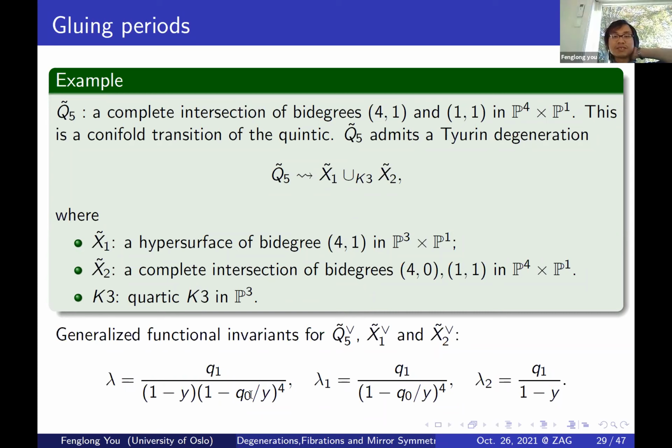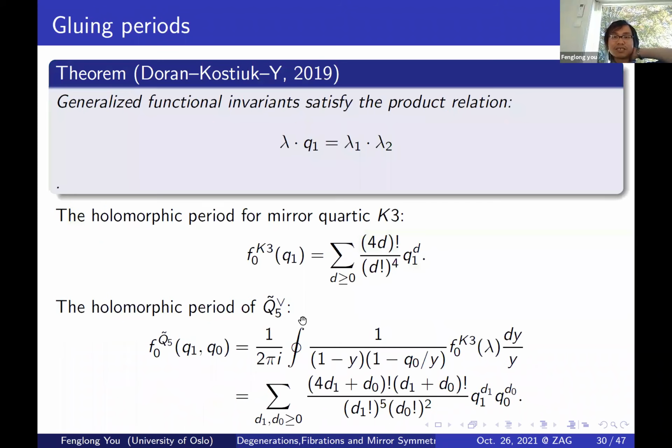And if you look at the expressions, this lambda 1, lambda 2 is just a factor of lambda. So if we have a degeneration, then the generalized functional invariants are related by a product relation.